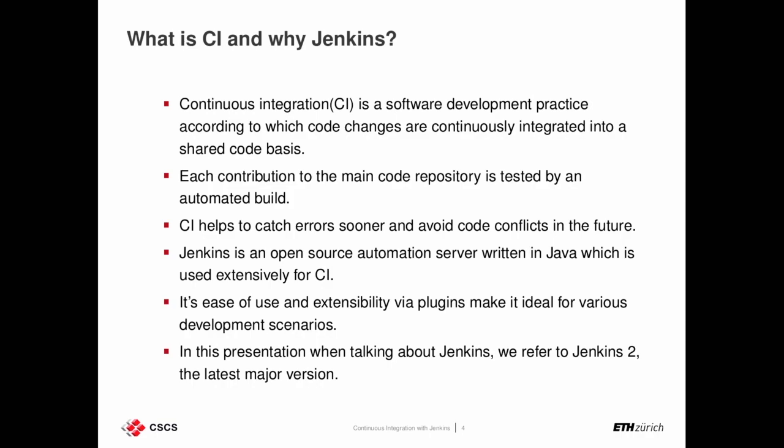So you can customize it to your needs, and this makes it ideal for various development scenarios. Just to say that when I'm talking about Jenkins in this talk, I'm referring to Jenkins 2, which is the latest major version and has adopted the pipeline as code approach.